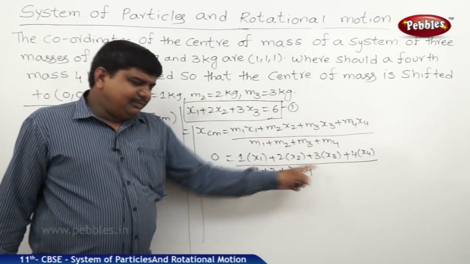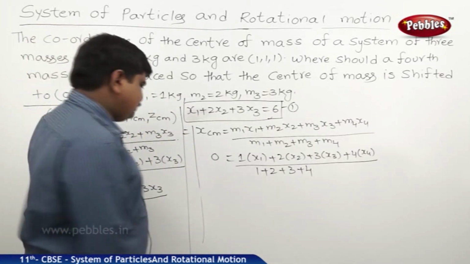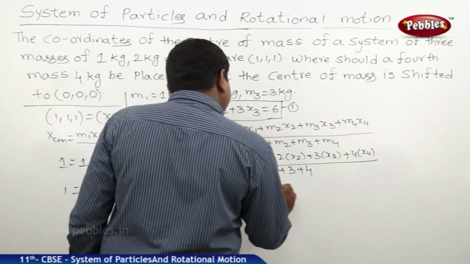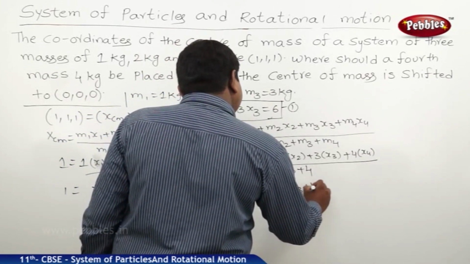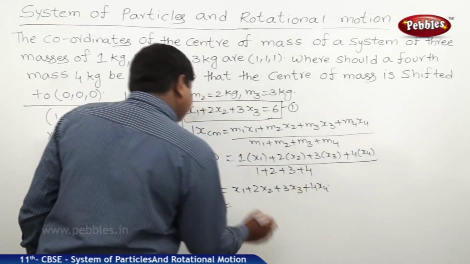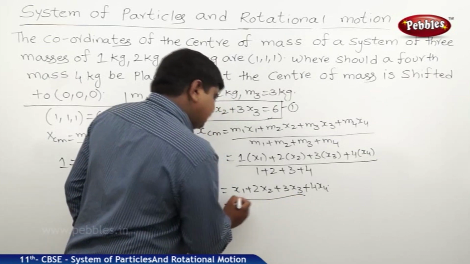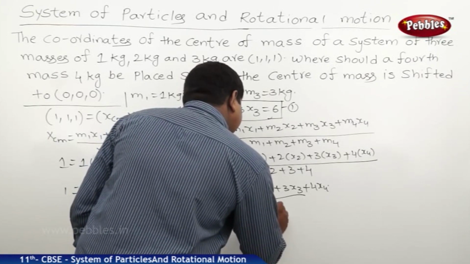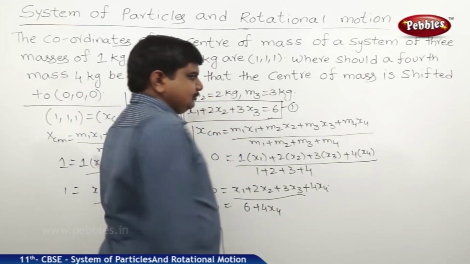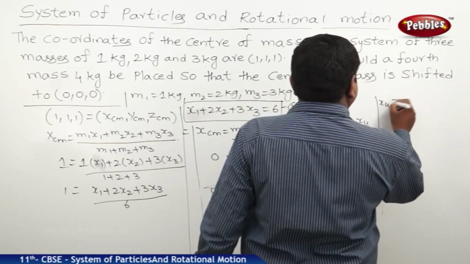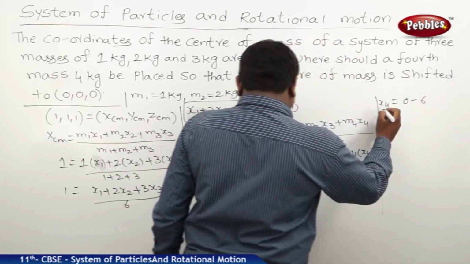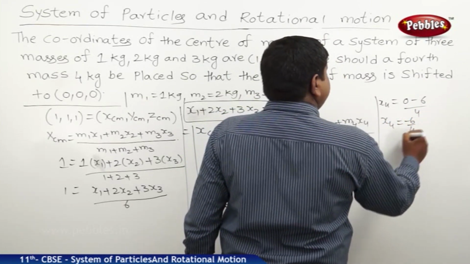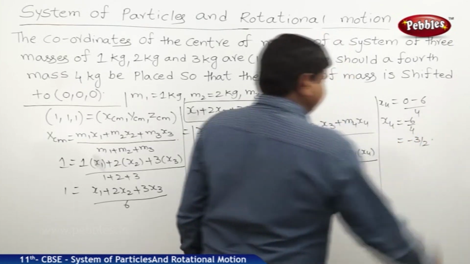Whatever it is, this whole will become 10, and 10 into 0 is 0. So 0 is equal to x1 plus 2x2 plus 3x3 plus 4x4. This x1 plus 2x2 plus 3x3 is equal to 6, so 6 plus 4x4 is equal to 0. From this, x4 is equal to 0 minus 6 by 4.